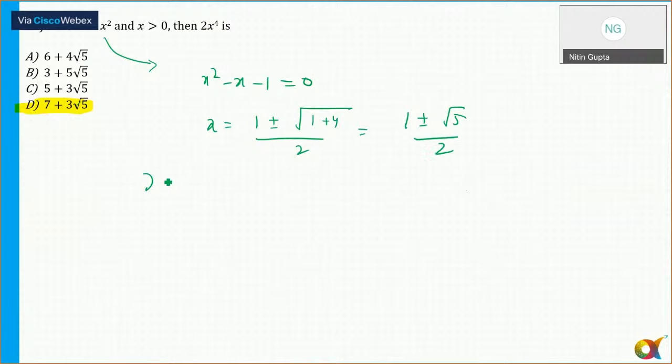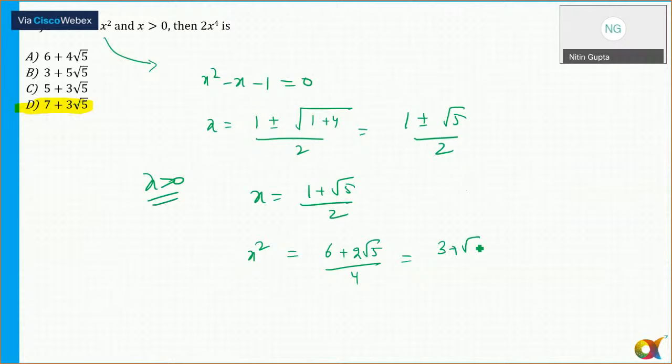And since x is greater than 0, there is only one value of x. So I need to find out x raised to power 4. Take x square. That is 6 plus 2 root 5 by 4. Now again take a square, or I can say further divide by 4. So 6 plus 2 root 5 by 4 is equal to 3 plus root 5 by 2.